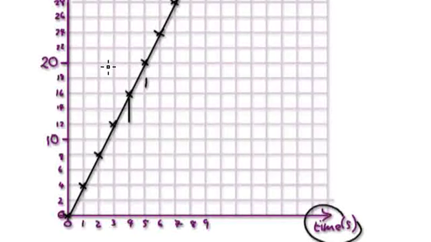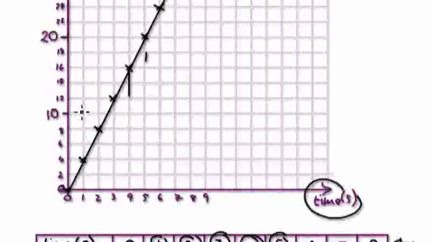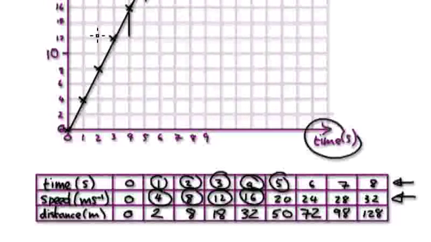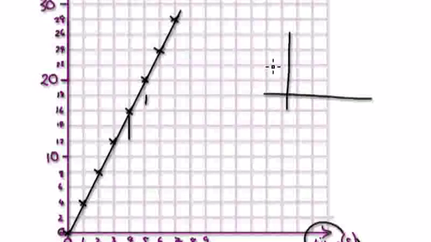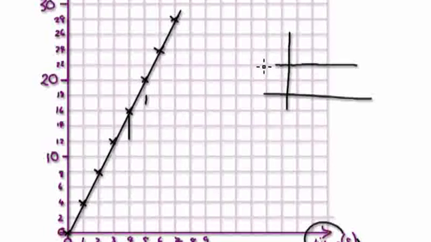So anyway, now let's look at the distance covered. Imagine the car is not at rest. It's already traveling at, let's say, 4 meters per second. So this is the speed time graph.